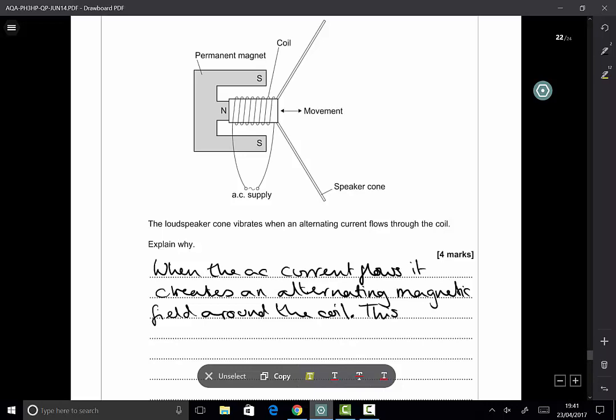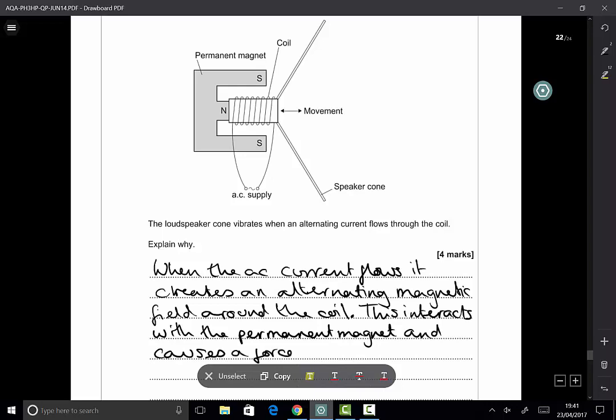This interacts with the permanent magnet and causes a force. No, let's go with an alternating force.